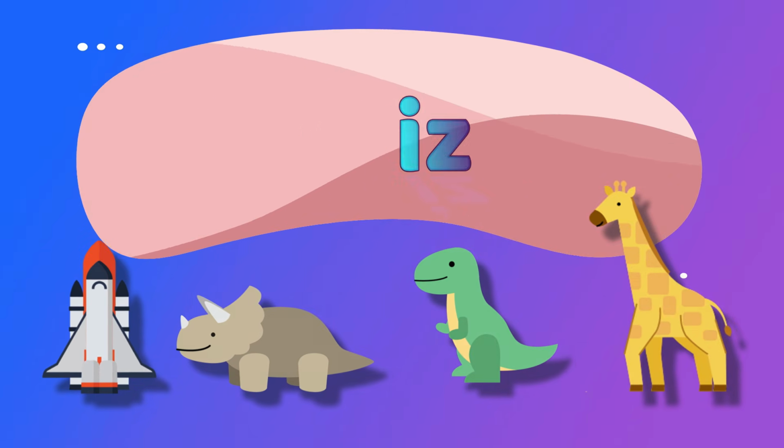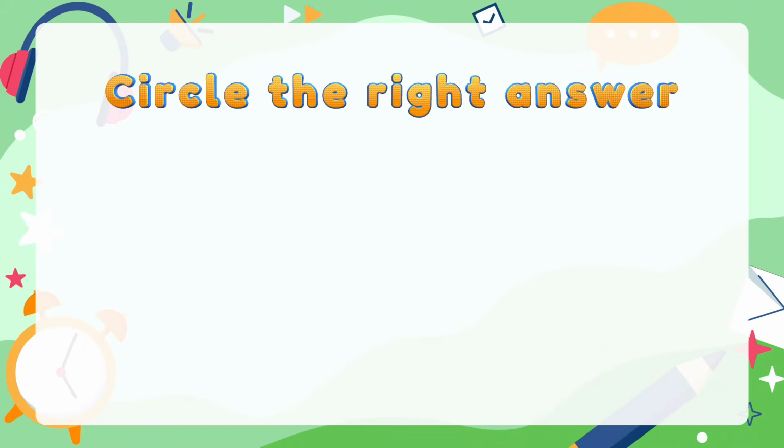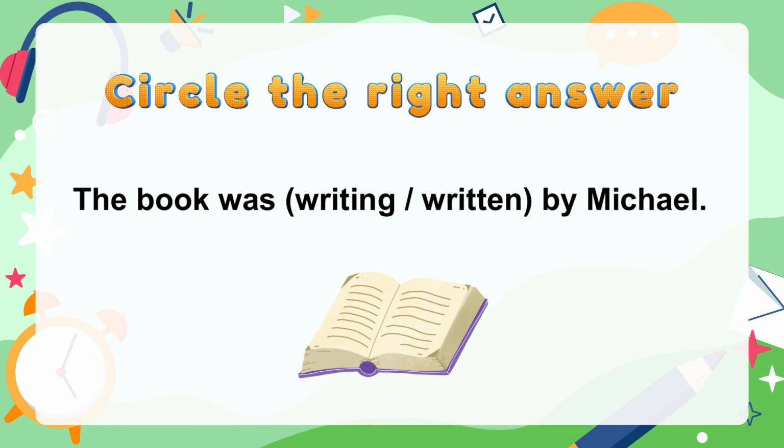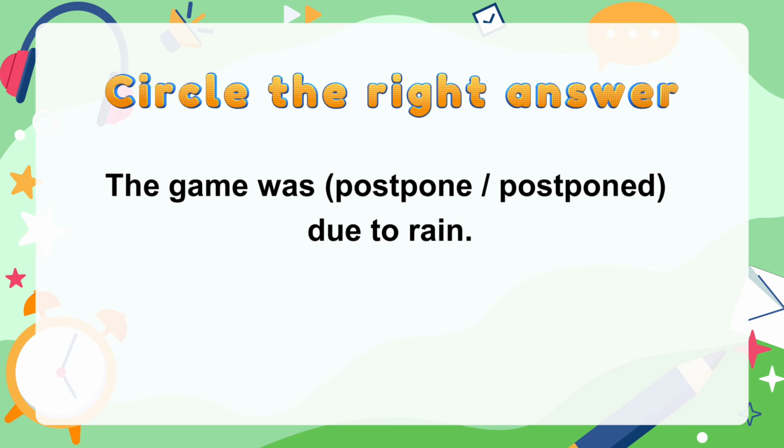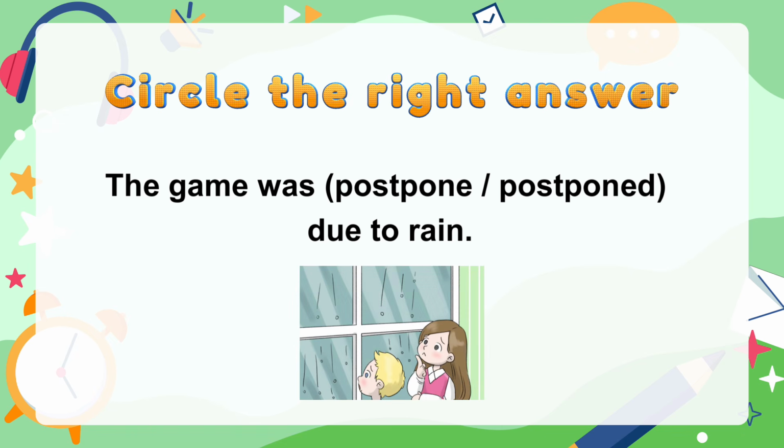Quiz. Circle the right word. The book was written by Michael. Was shows the past participle with by. So we use the word written. The book was written by Michael. The game was postponed due to rain.